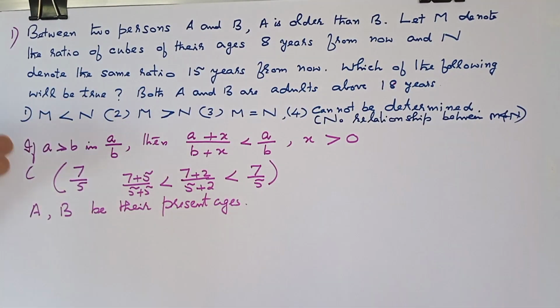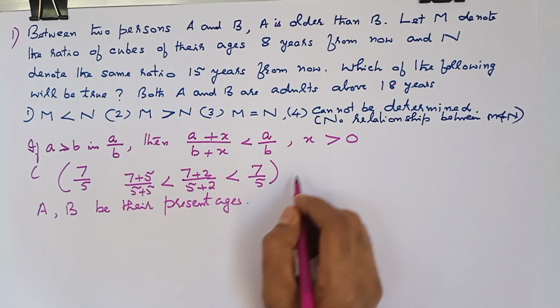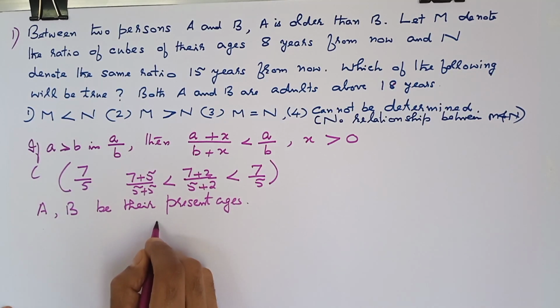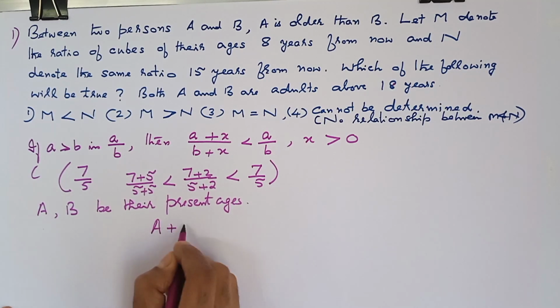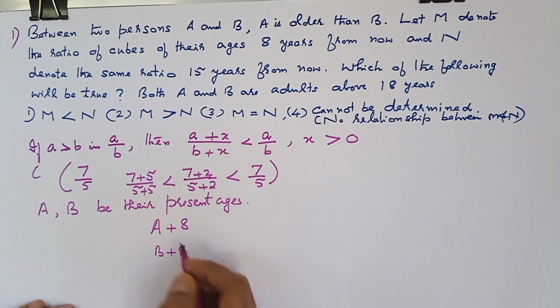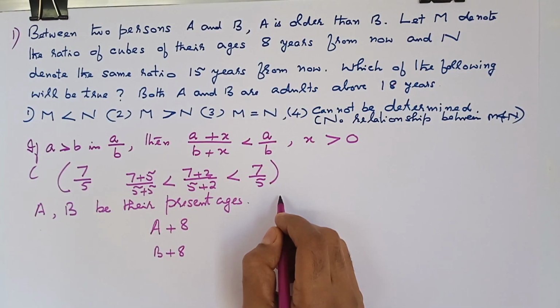Both these persons will get older by 8 years in the future. So what will be their ages after 8 years? It will be A plus 8 and B plus 8. Moreover, there is something else given in the problem. A is older than B.